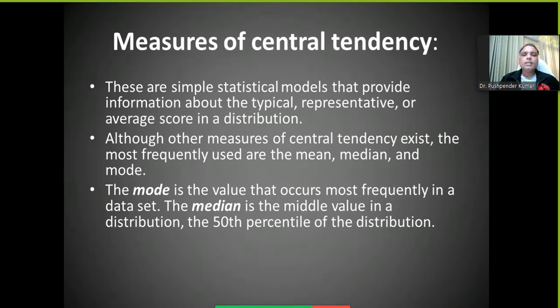The mode is the value that occurs most frequently in a data set. For example, I can define mean, median, mode with one example. A shoe company saw that the mean is so good, so they decided to use mean for their shoe manufacturing.